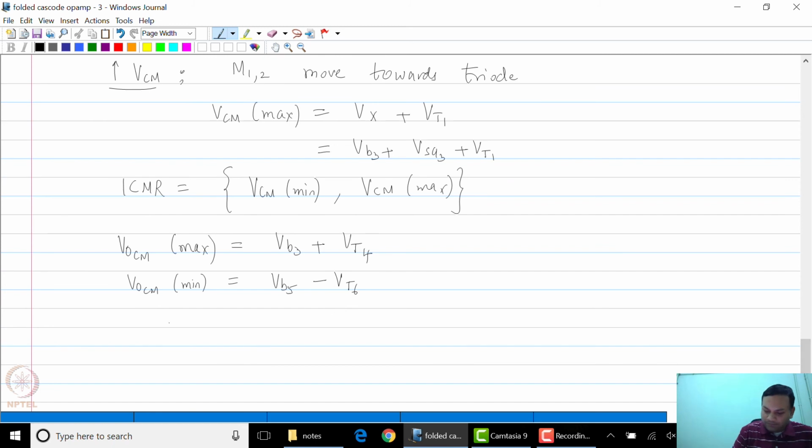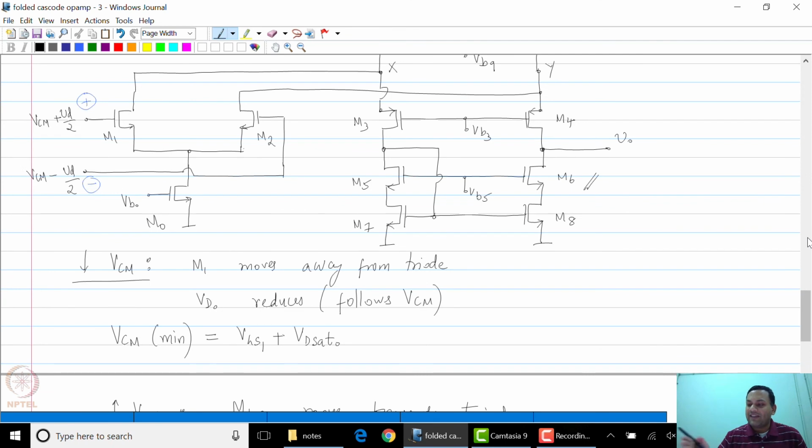So clearly these bias voltages are all design parameters. For example, you could design a current mirror consisting of M5, M6, M7, M8 to be biased such that the output can go as low as 2 VDSat.